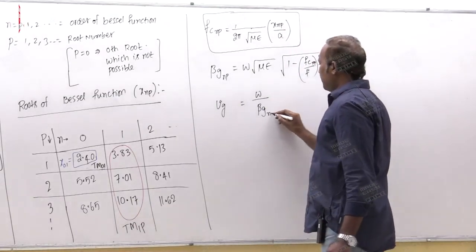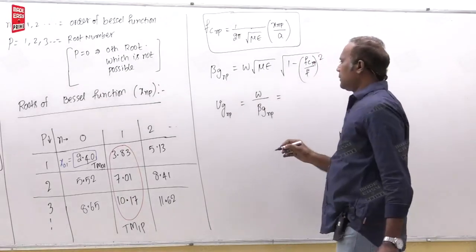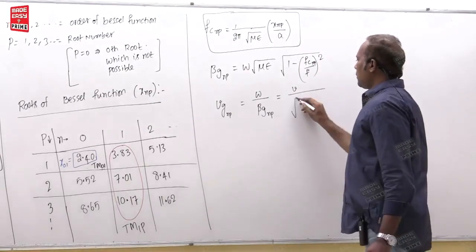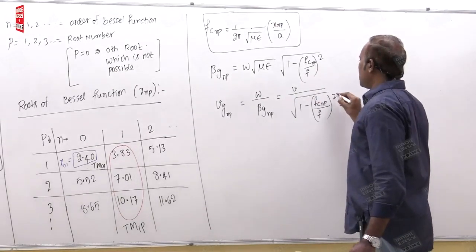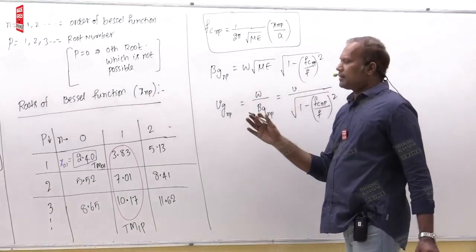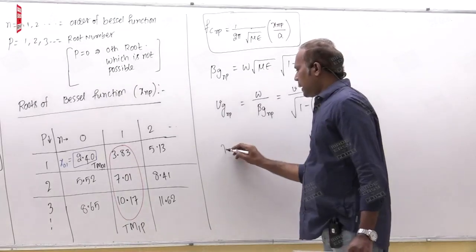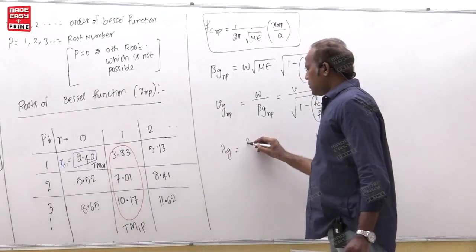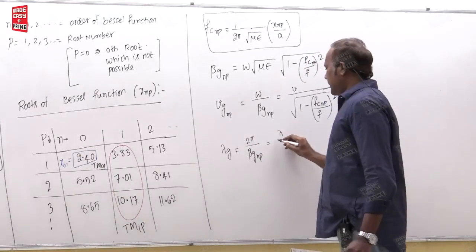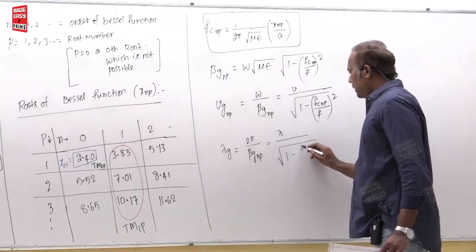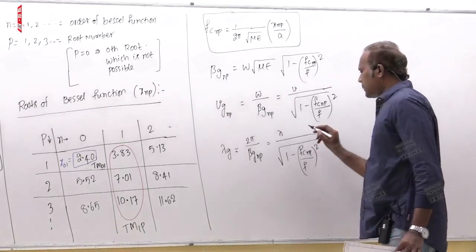You put NP here, then here also NP, you get V divided by root of 1 minus FC NP divided by F whole square, same as previous, just I am writing for the sake of continuity. If I don't write, you will be confused. So lambda G is equal to 2 pi divided by beta G NP. So that is lambda divided by root of 1 minus FC NP divided by F whole square, students.